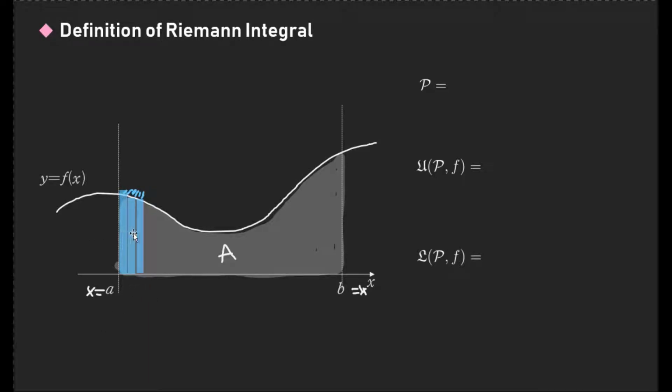If the partition is coarse, there is clearly an error between the rectangles and the area. But if we refine the partition, technically this means taking the limit, and the rectangles converge to the area.